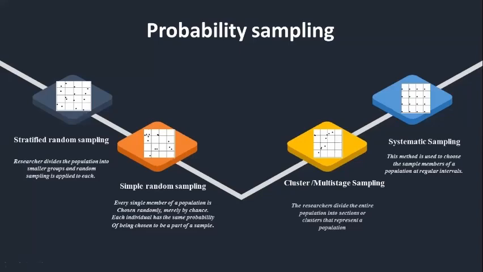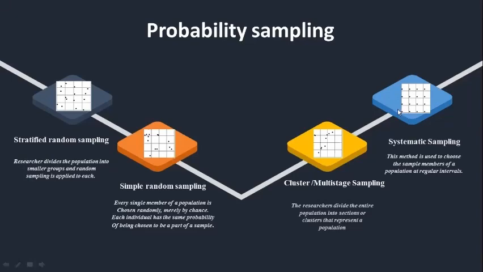Similarly, you want to study the students of Mizoram University. For example, you have 5,000 students, and you want a sample size of 500 students only. Out of that 5,000, you want only 500. So 5,000 is the total population, and you want a sample size of 500.